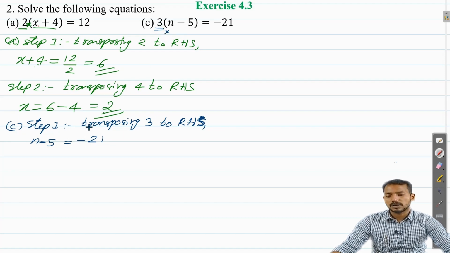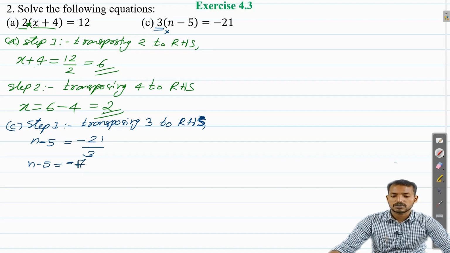So this multiplied by 3 will be divided by 3 when it is shifted to the right side. So that is n minus 5 is equal to only 1 minus. So keep that minus. 21 by 3 is equal to 7.